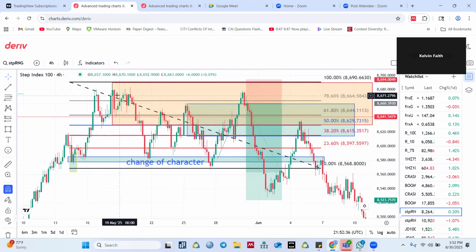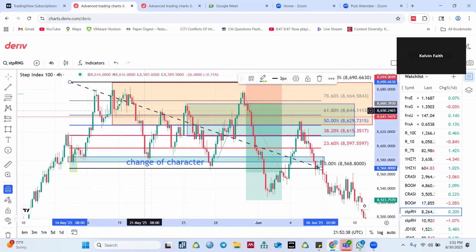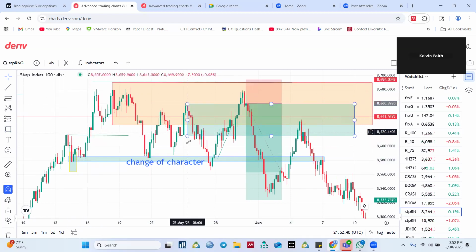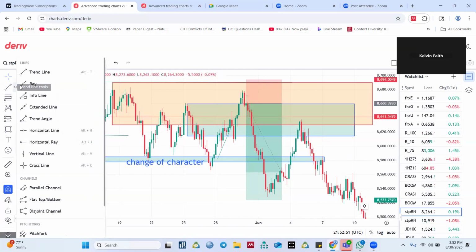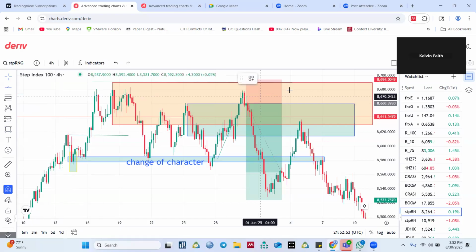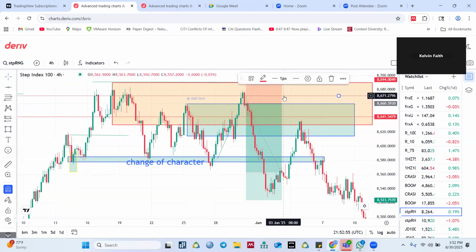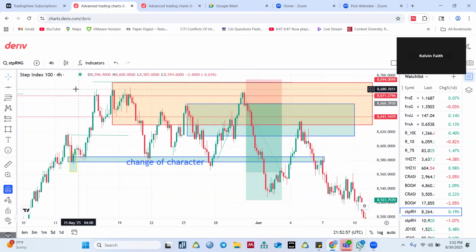It's too deep orange, but it's fine. So we have two areas, the bigger area and the 78.6% area, which was around this zone. So we have two red lines.